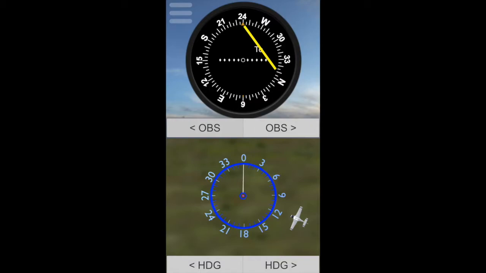If I'm anywhere between the 150 and the 330, I would get a FROM. If I'm anywhere between the 330 and the 150, I get a TO. Okay, so let's test this. Anywhere between the 150 and the 330, here's the aircraft, I am getting a FROM indication. Go to this side now, between 330 and 150, I'm getting a TO indication, period.